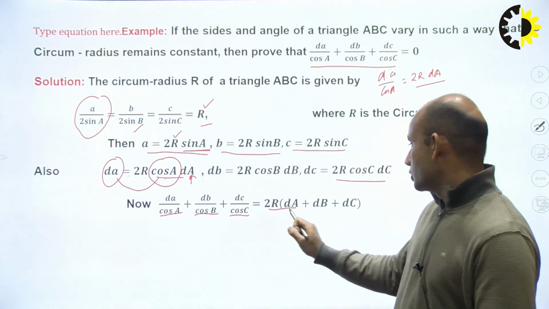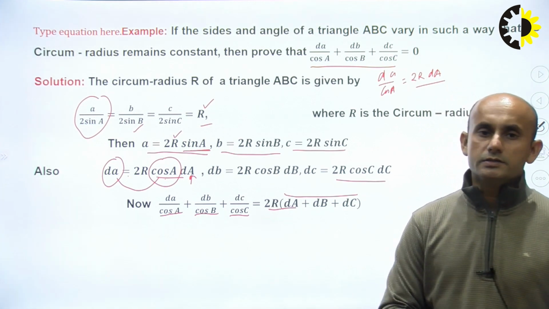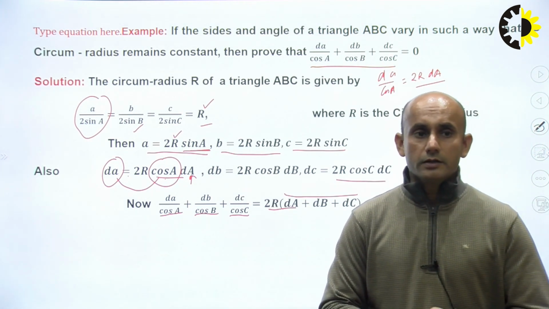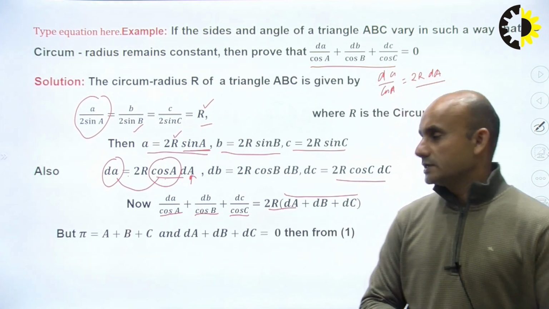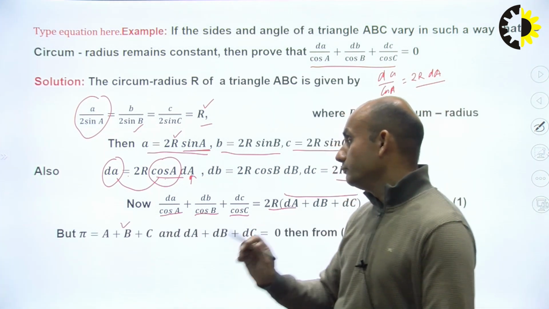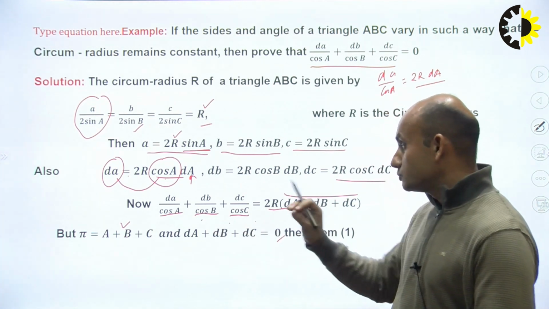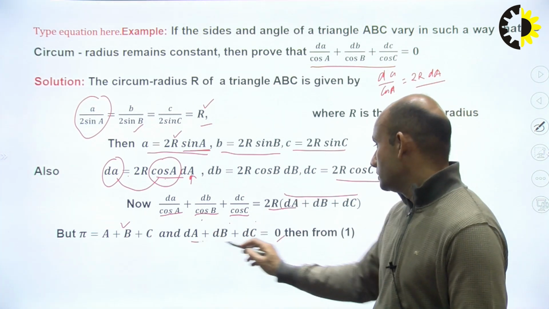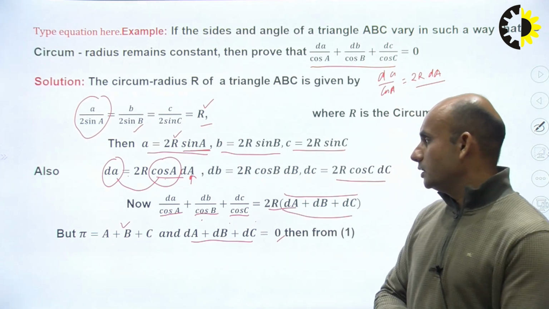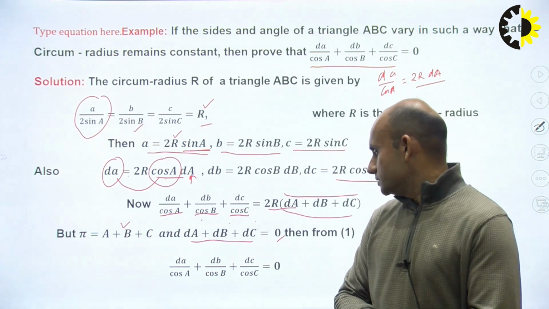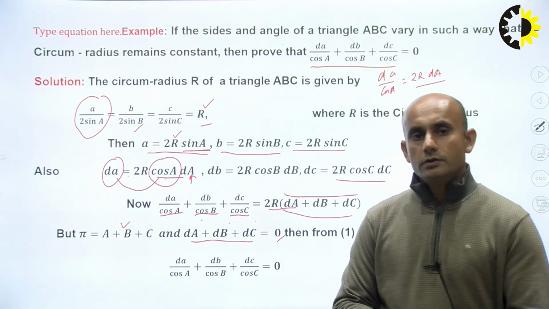If we take 2R as common, then we get dA plus dB plus dC. And since capital A, capital B and capital C are the angles of a triangle, we have A plus B plus C equals pi. If we differentiate this, we get dA plus dB plus dC equals 0, since pi is constant here. So we get da upon cos A plus db upon cos B plus dc upon cos C equals 0.